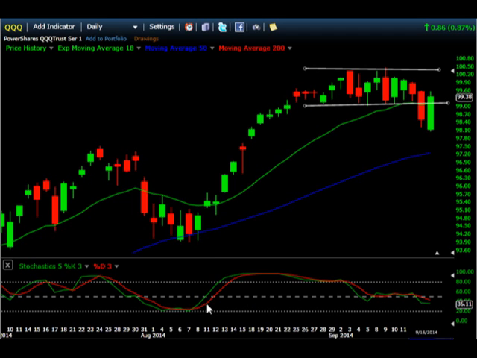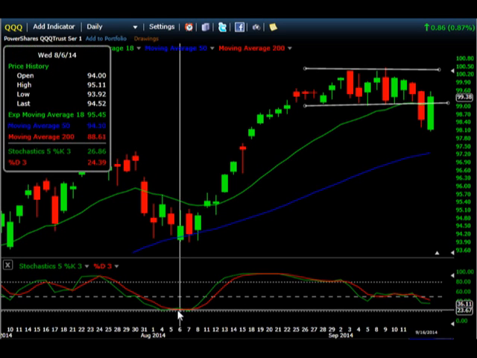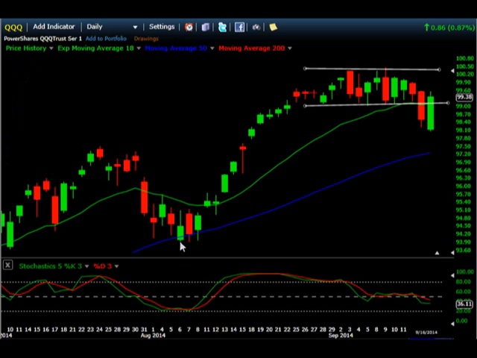For example, on this last move over here in August, you could see that we went under, traded around this area, and started getting a crossover here. Once we see a crossover, then we start to look for entries above the high of that candle.